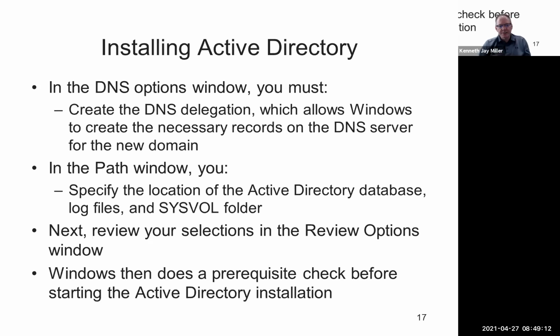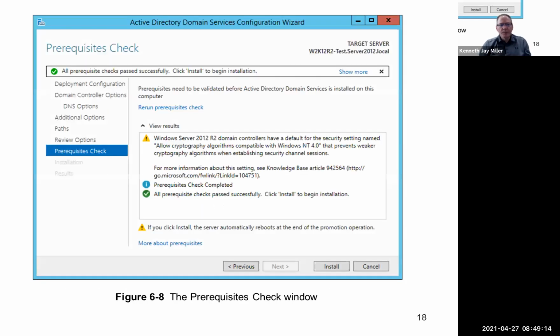Then we review the system, then we click next. Now on this, you'll see that we passed all the prerequisites, but there are a couple of warnings here. First, the Server 2012 R2 domain controllers have a default security setting named Allow Cryptography Algorithms Compatible with Windows NT 4.0 that prevents weaker cryptography algorithms when establishing a security channel.